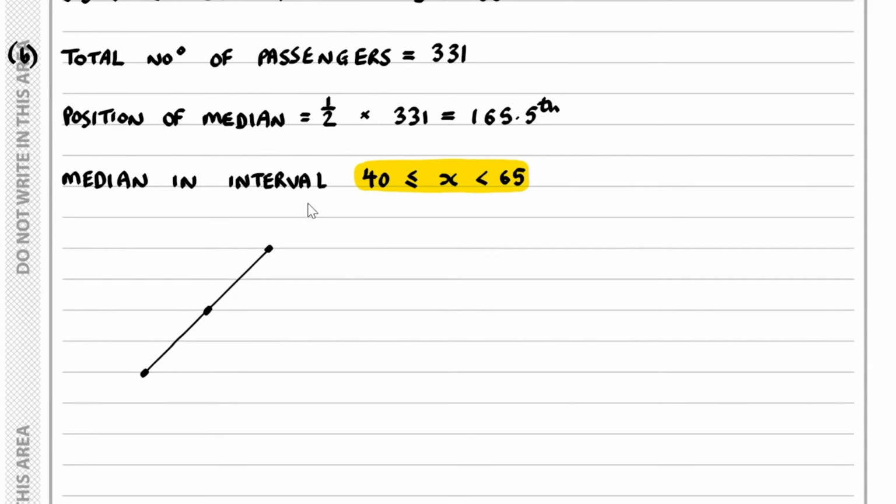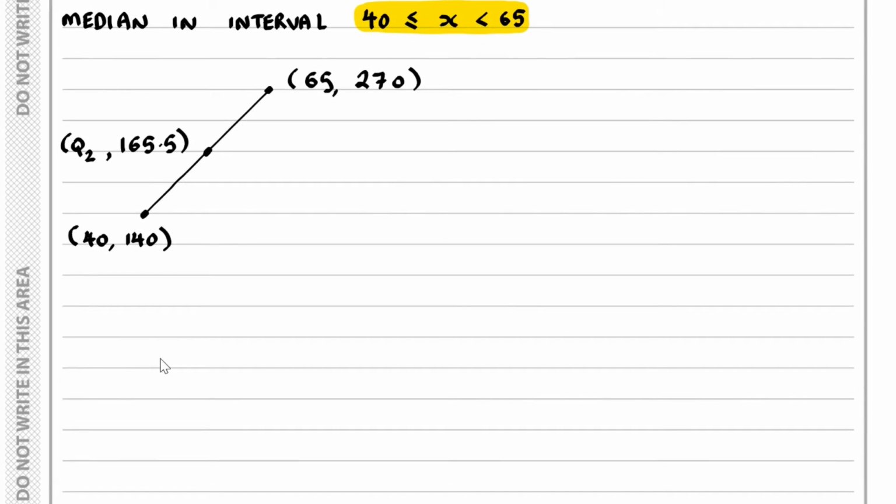So if I use these limits, we've got 65 and then 270. Here I've got 40 and then 140, and then here I've got Q2 and 165.5.